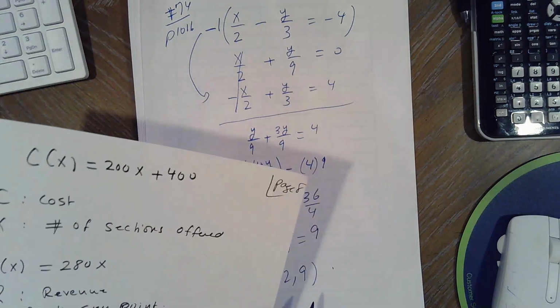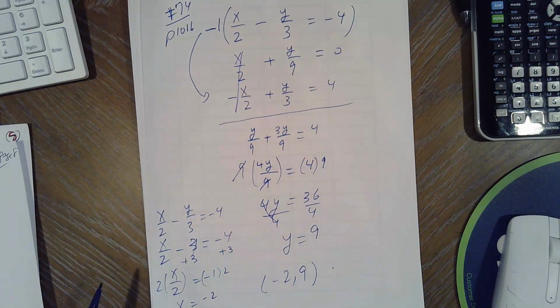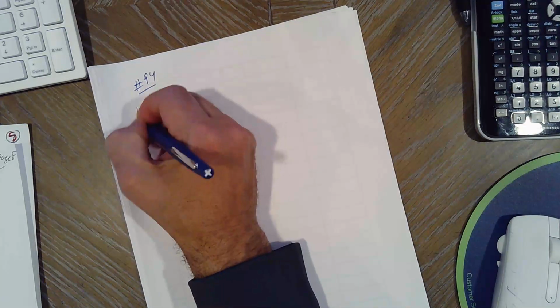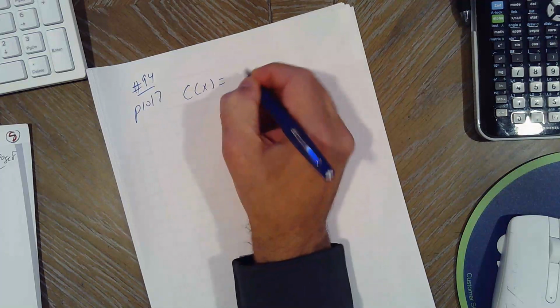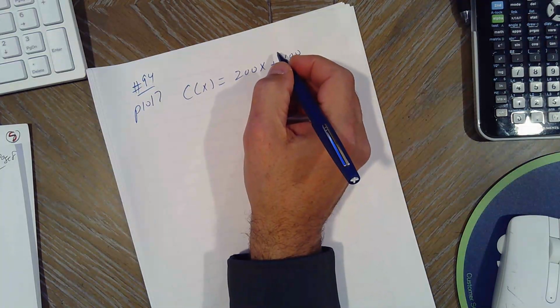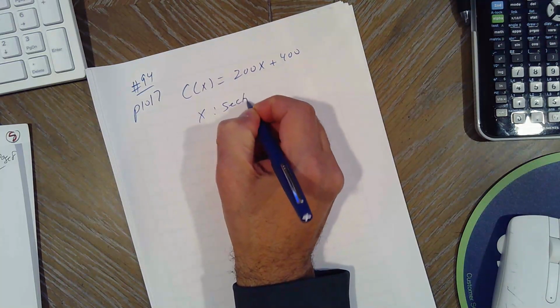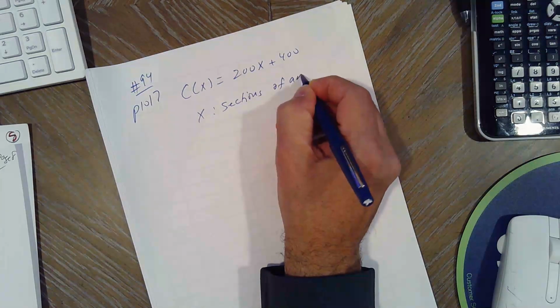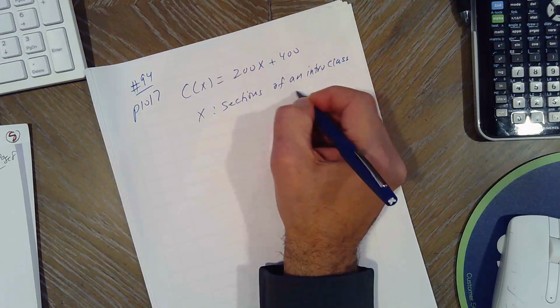Couple more application questions. 4, page 1017. The function C of x equals 200x plus 400 gives the cost for a college to offer x sections of an introductory class in CPR.